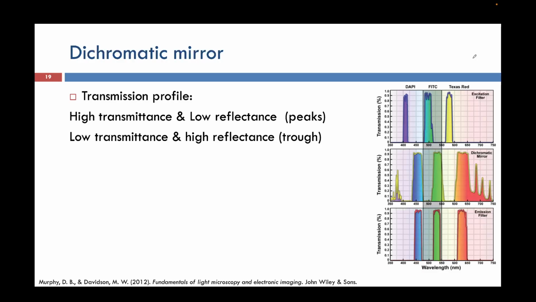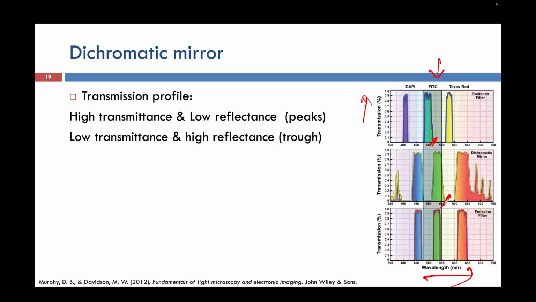And the transmission profile, if you can see here, it is this image. This is a transmission versus wavelength curve I have put. So the peaks correspond to high transmittance and low reflectance. And the trough, like here, this kind of feature, if I am coating my dichromatic mirror with such dielectric materials that it will only allow this kind of wavelength, then I will not be able to see anything, right?